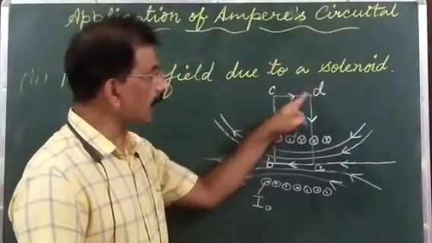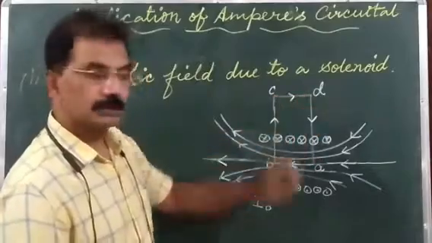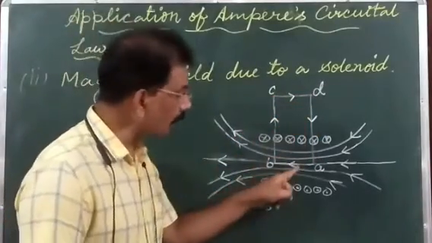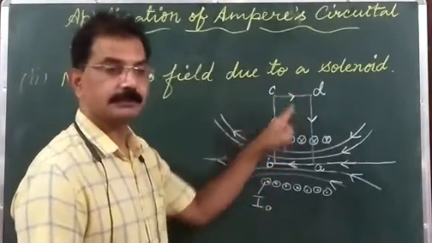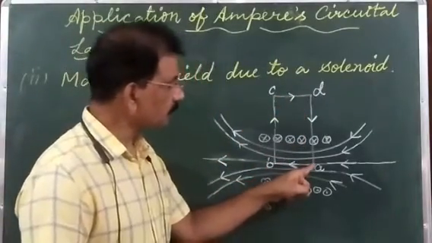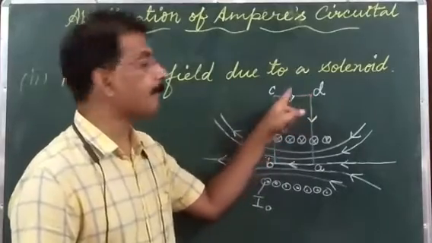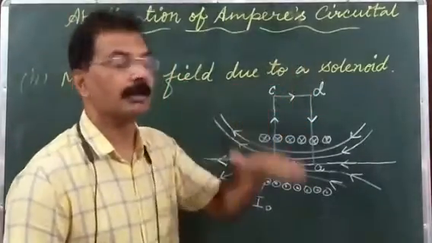BC and DA are both very long, so side CD is far from the axis. So for the length CD, the magnetic field becomes very small.